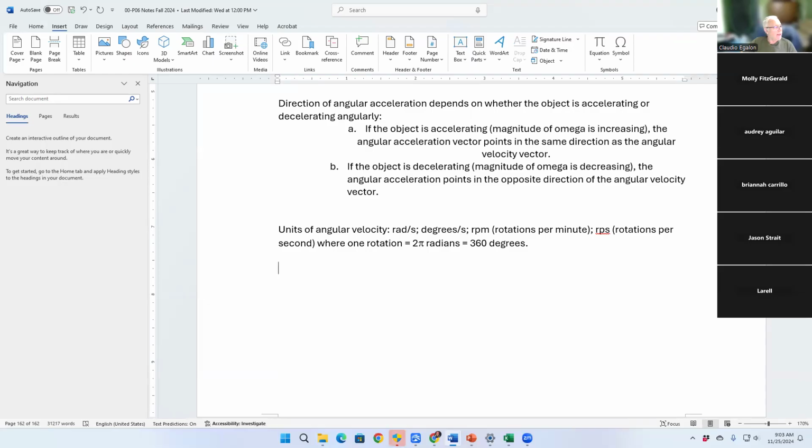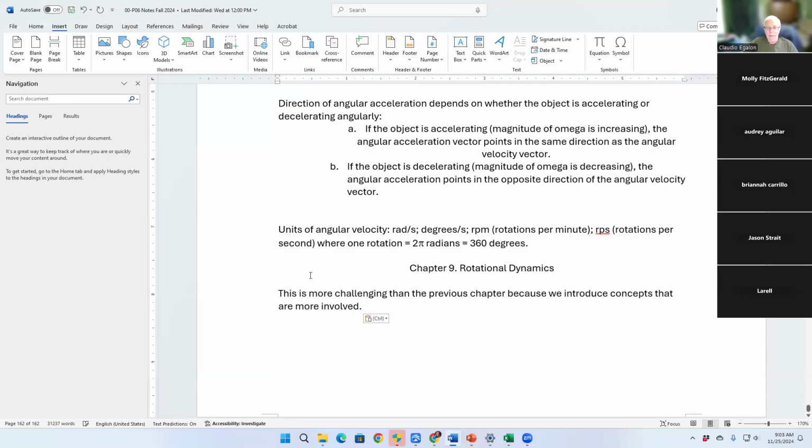And now we can start talking about rotational dynamics. This is a more challenging chapter than the previous one, because we introduce concepts that are more involved.